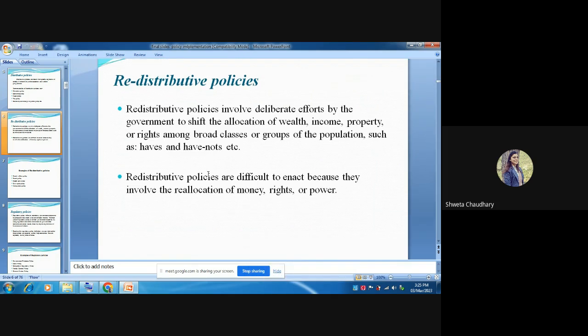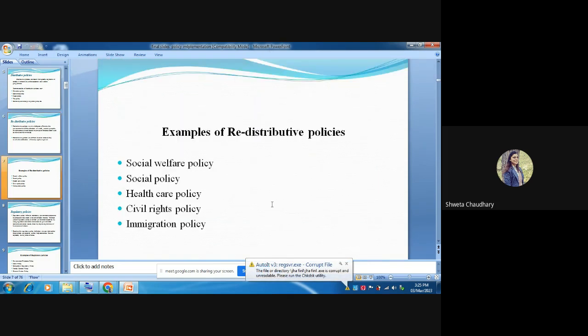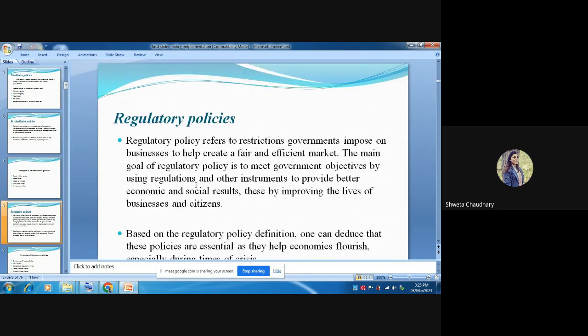If there is good tax collection, how do we distribute it for the infrastructure development of the country? This is the meaning. Redistributive policy: if the government has good revenue generation, how will the government reallocate this revenue for the development of the country. This is redistributive policy. Examples are social welfare, healthcare policies, immigration policies, civil rights policies, and other social policies.